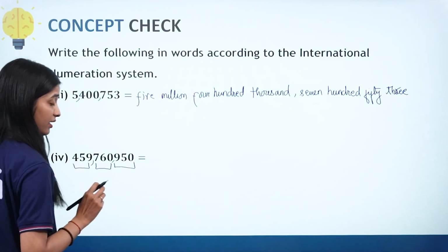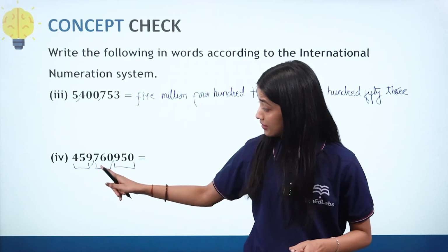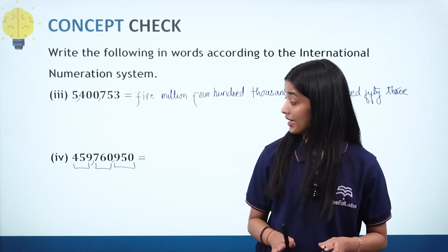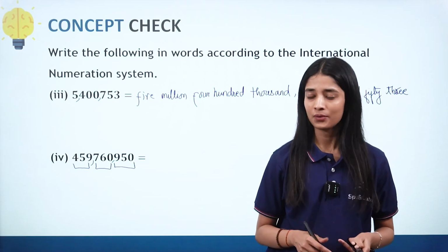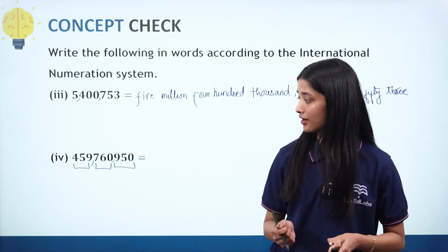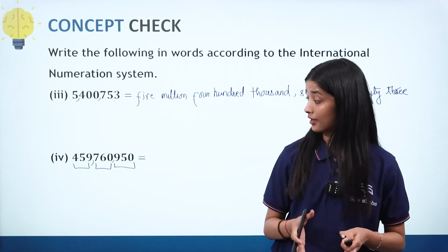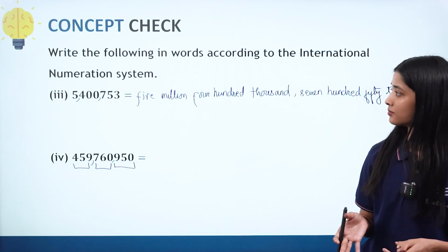It means this time we have the number 459,760,950. If you want, you can just write it down. I hope it is clear.